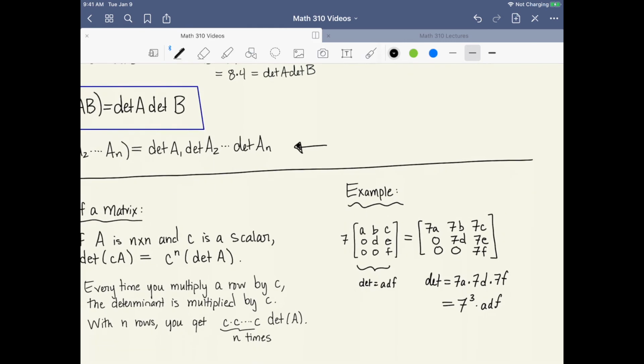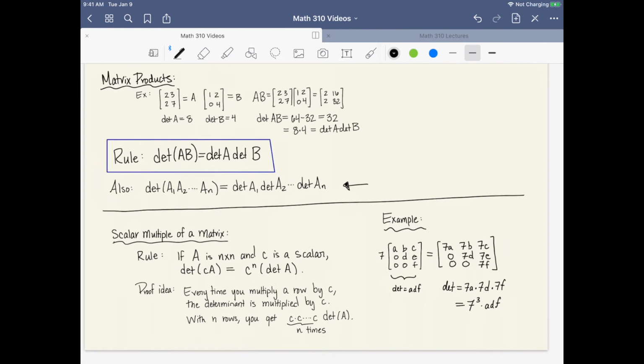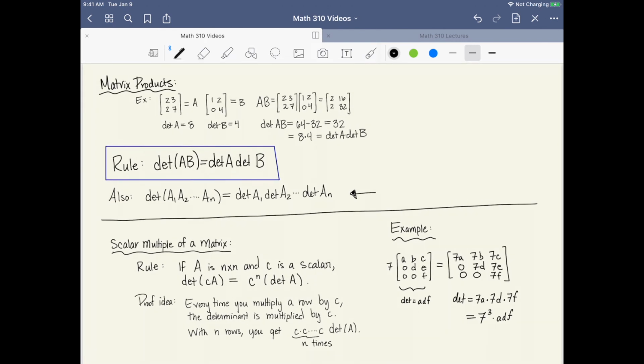So the effect of multiplying the entire matrix by 7 was to multiply the determinant not by 7 alone, but by 7 cubed, one time for every row. If you ever forget this rule or doubt that you have the formula correct, jot down a simple diagonal or upper triangular matrix and work out what it ought to be in that example. That'll help refresh your memory.